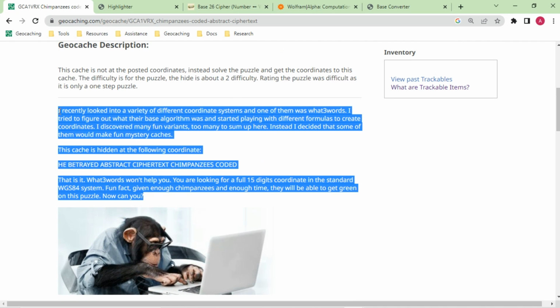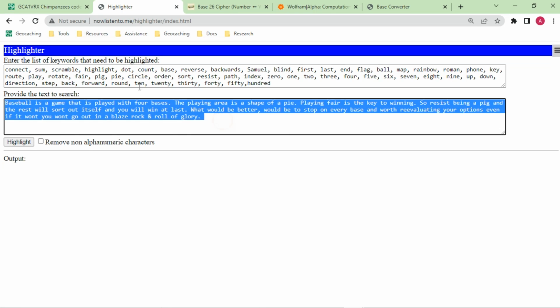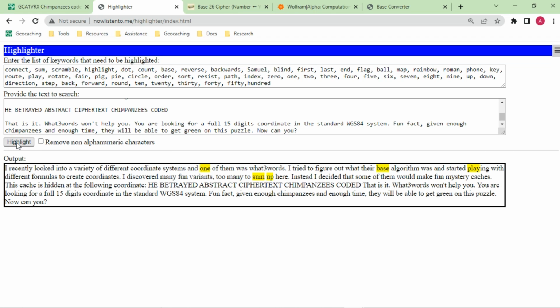I often look first for hints. So I'll take the text, use one of my tools, the highlighter, paste the text in there, and say, okay, highlight some of the keywords that we may find, right? So we have the numbers, but here we see, for example, the word base, play, because it might be Playfair, sum up also is mentioned here.